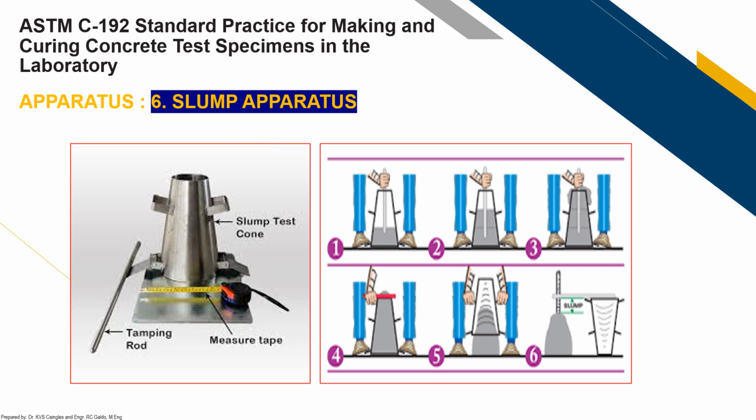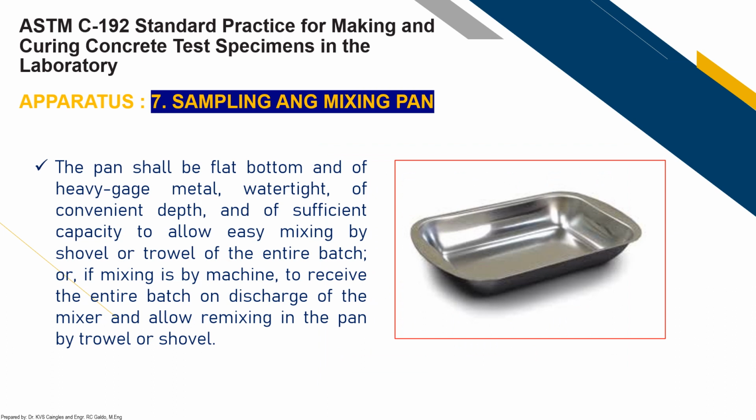Next, we are also going to need a sampling pan or mixing pan. As to the sizes or the appearance, naay specification ana, and kailangan once we use a sampling or mixing pan, ang iyang specification is nakasulod gyapon aning provide ni ASTM, and if wala, dili siya pwede gamiton.